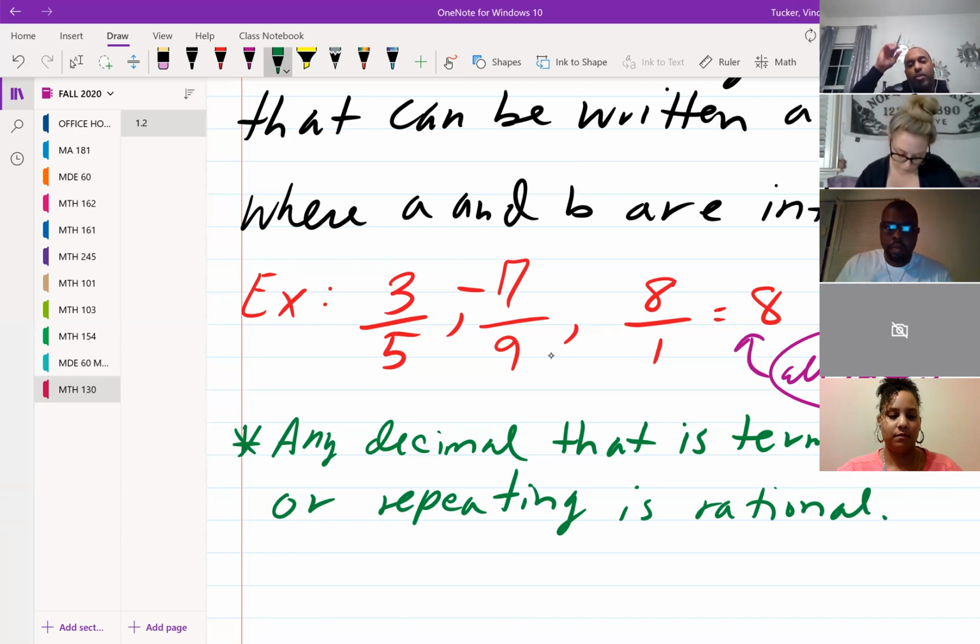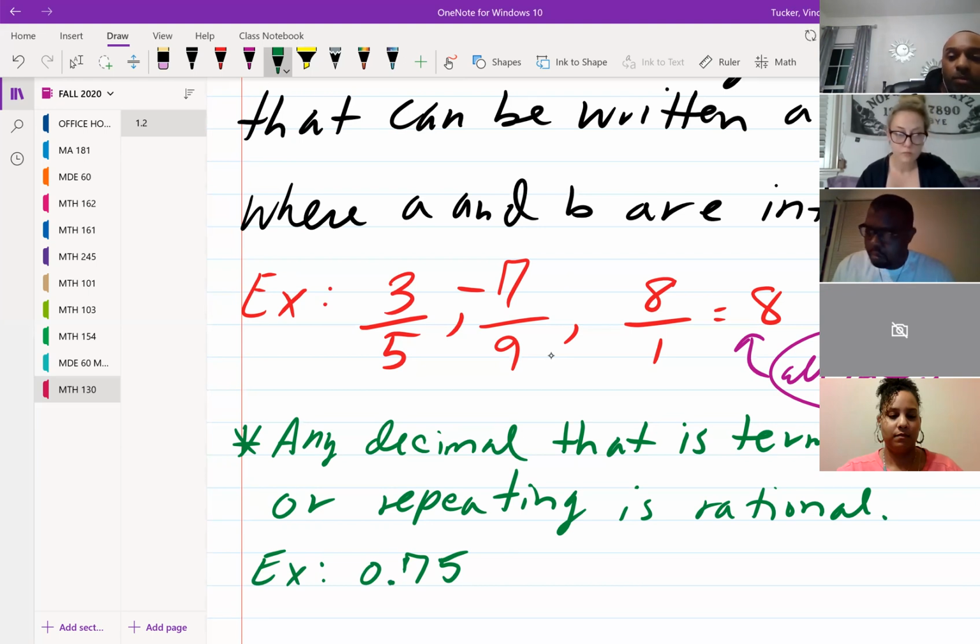Any decimal that is terminal or repeating is also rational. So examples of that: 0.75 is considered rational. That's considered a terminal decimal because it ends. And that is 3/4, so you can rewrite that as 3/4.